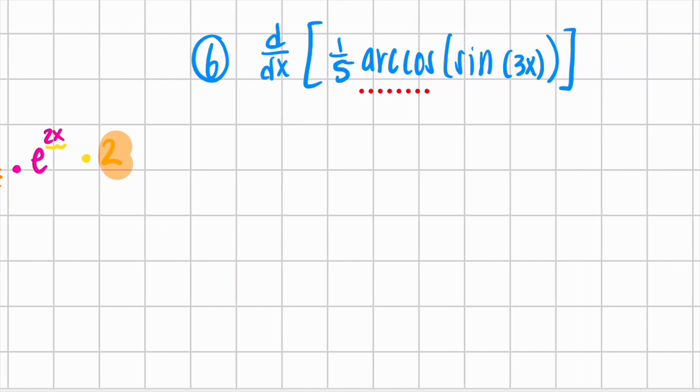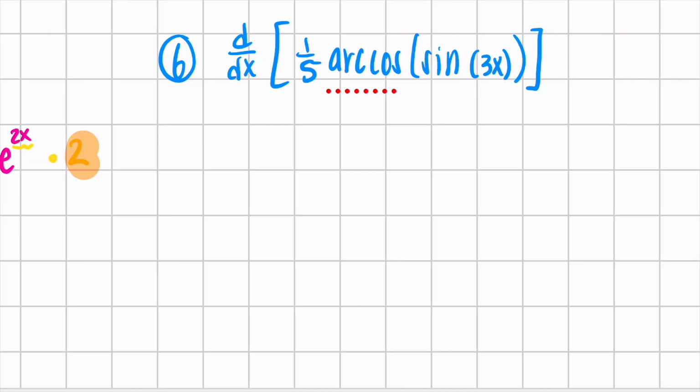Last one. I have 1/5 arccosine of sine of 3x, and I want to take the derivative of that. So let's do it. I'm going to have my 1/5 out front. The derivative of arccosine is negative 1 over the square root of 1 minus, I have sine of 3x squared.